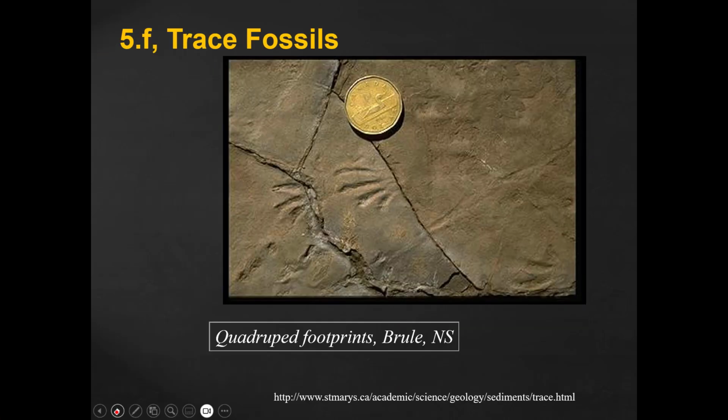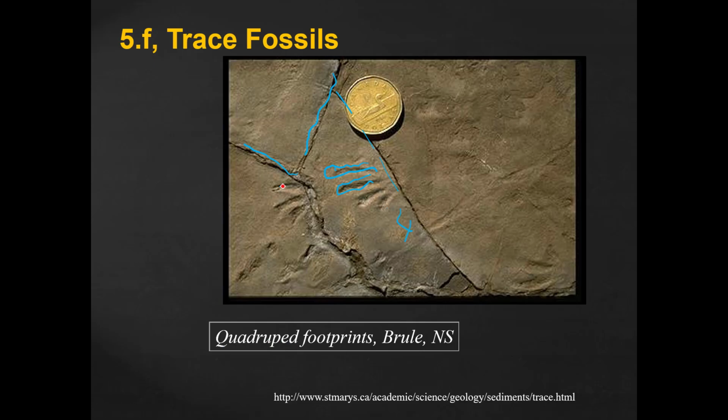The next one is trace fossils. Trace fossils are really not telling you what kind of fossil we're talking about. However, they will tell you about the environment. If you look at this slide here, what do we see? We see there are probably mud cracks right here. And we see these footsteps, and the thing which left the footsteps had 1, 2, 3, 4 fingers, which means it's a quadruped.